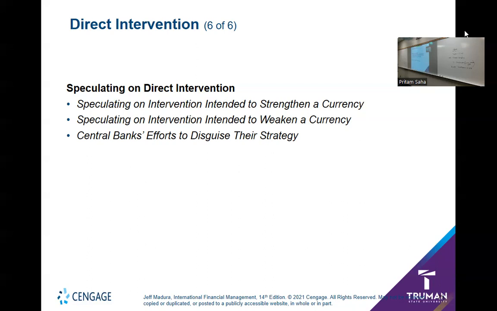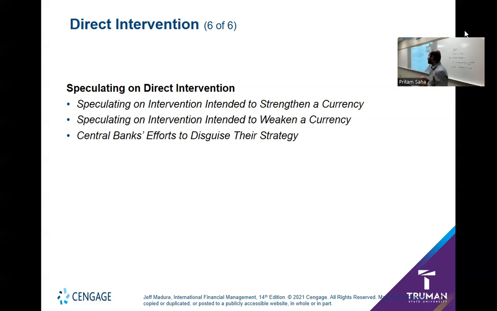That's why sometimes central banks will try to do all of these strategies and efforts without hinting to the traders and financial institutions what's coming up. Because otherwise, it may make the overall objective hard to achieve.